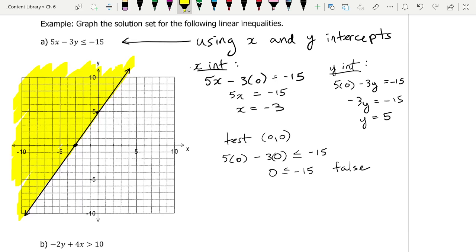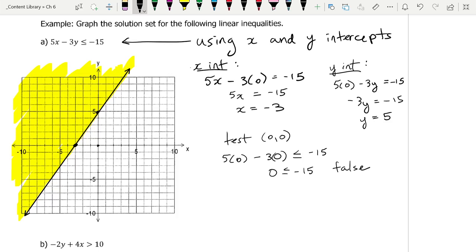Is that the only way to do it? No, I'm going to do example 2 a different way. Is that your question? No. What's your question? I'm still a bit confused on how to know which side to shade. Well, okay. 0, 0 is right here, right? The middle of the grid. It made the equation false, so it's not part of the answer. Right? This dot here is not part of the solution.